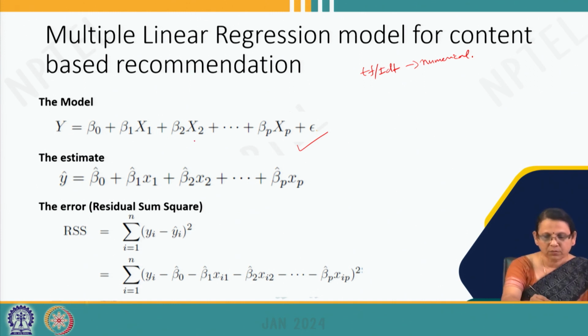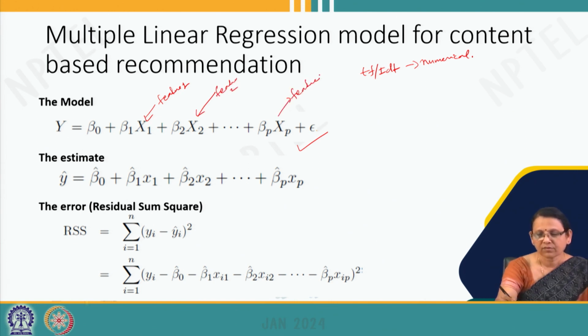As per this model, this is feature 1, this is feature 2 and this is feature P. So, you have P such features.